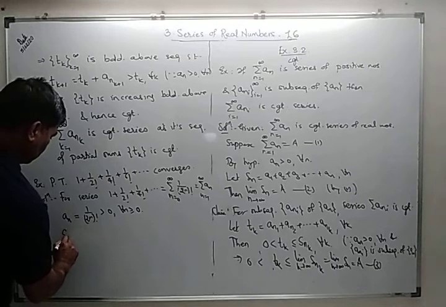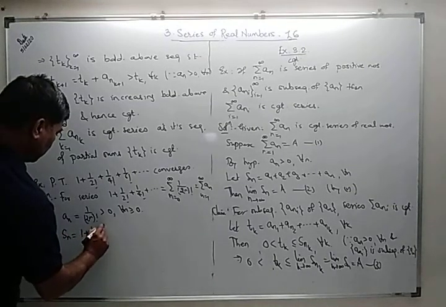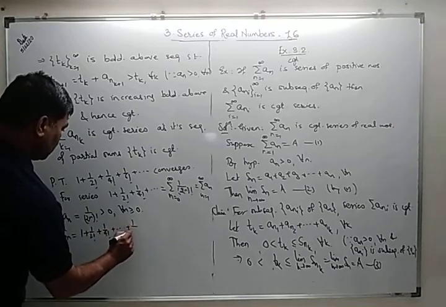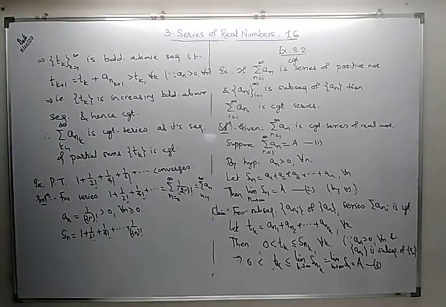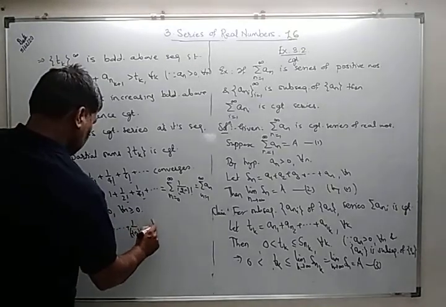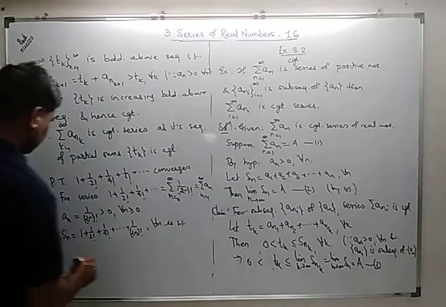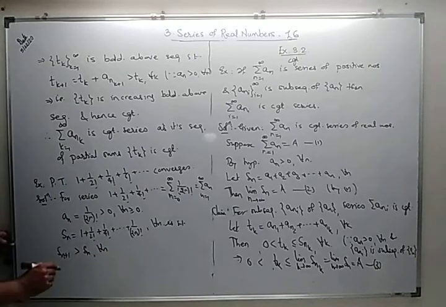S_n is equal to 1 plus 1 upon 2 factorial plus 1 upon 4 factorial plus so on up to 1 upon (2n) factorial for every n, and is such that S_{n+1} is greater than S_n for all n. Okay.